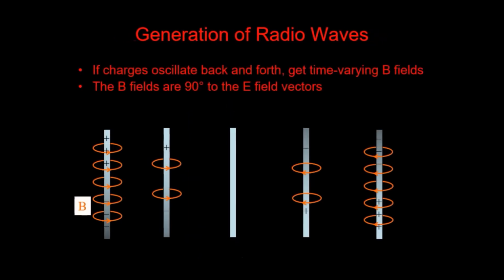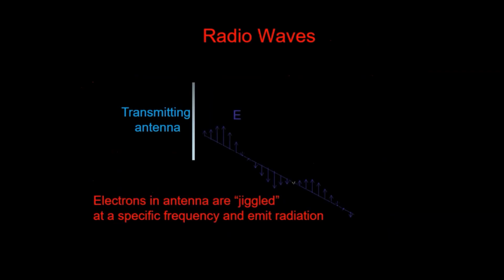The charges will oscillate back and forth, giving time-varying magnetic fields. If we have a transmitting antenna, we can essentially jiggle our electrons in that antenna at a specific frequency and give out radiation of that frequency.